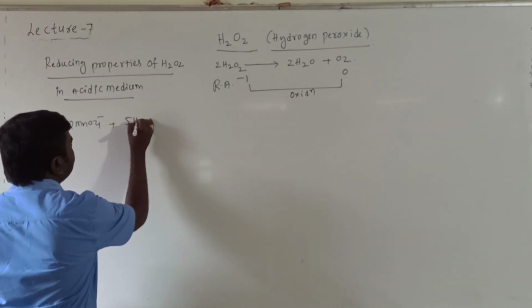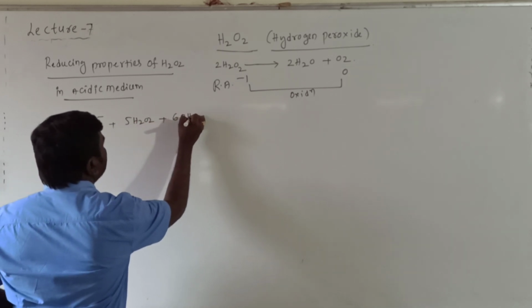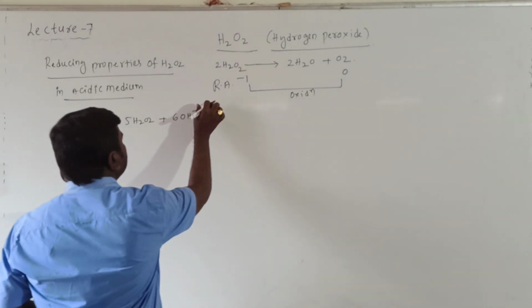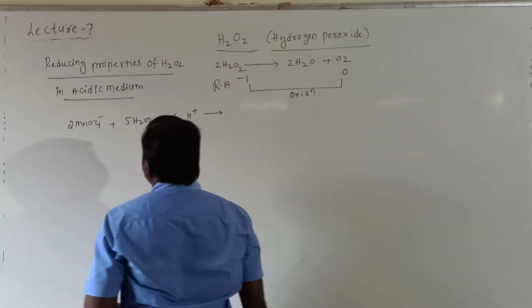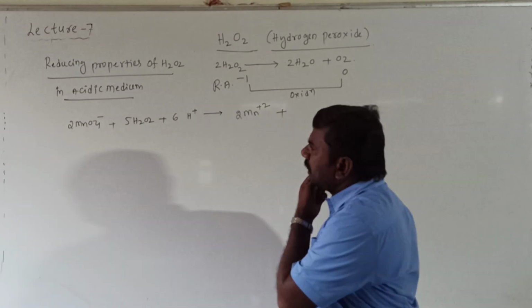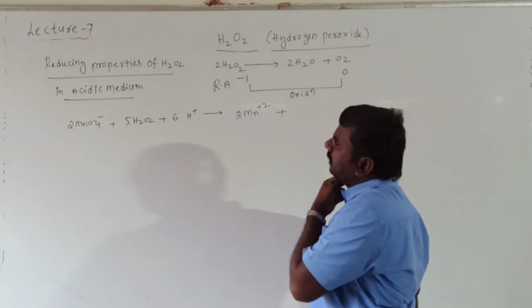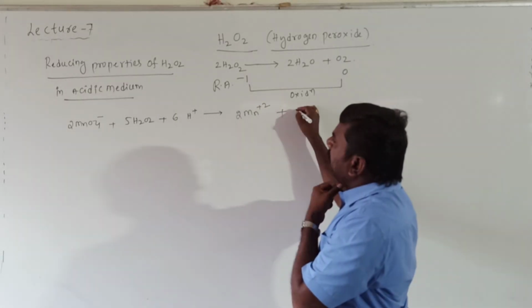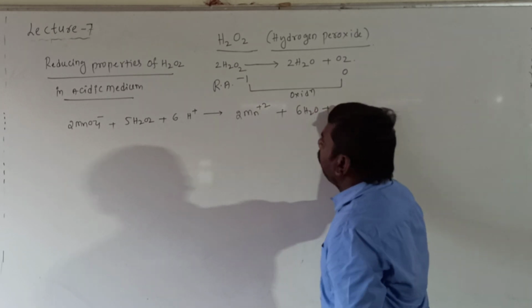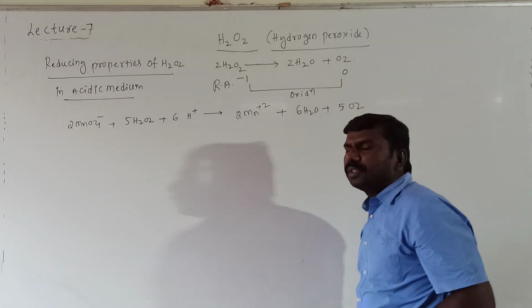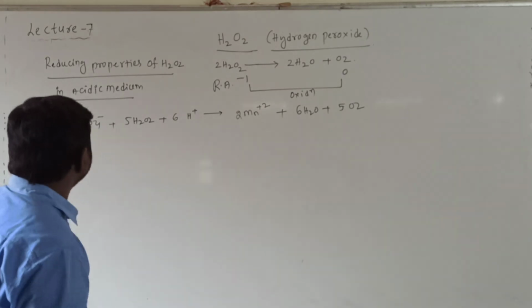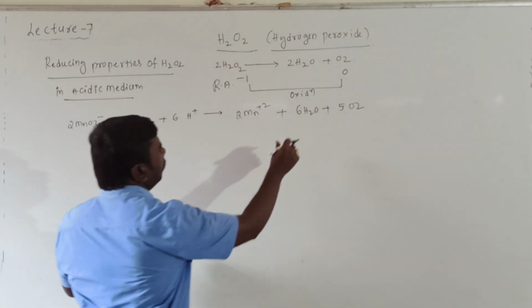Plus 5H2O2 plus 6H plus, then it gives rise to 2Mn plus 2 plus 8H2O plus 5O2. Right?